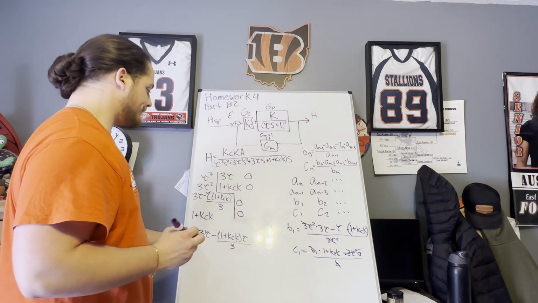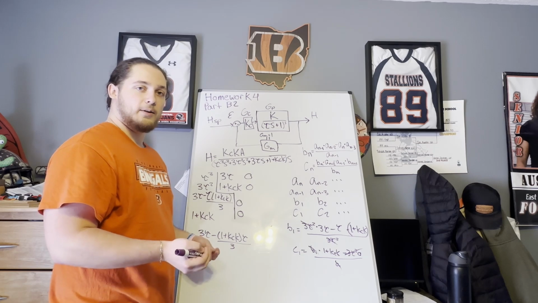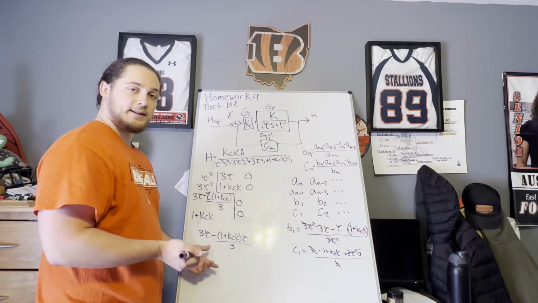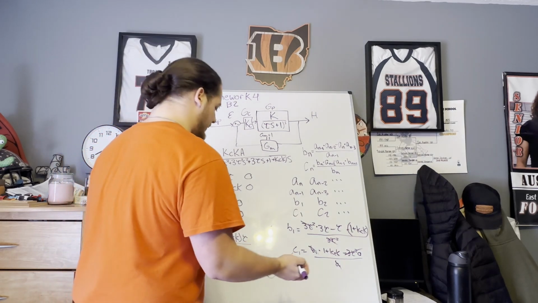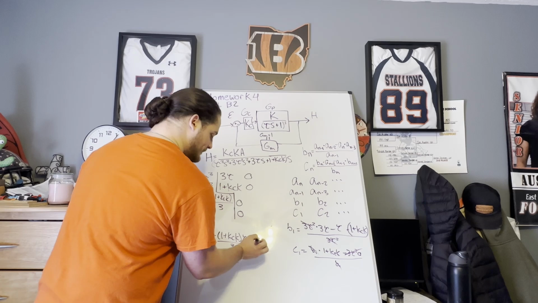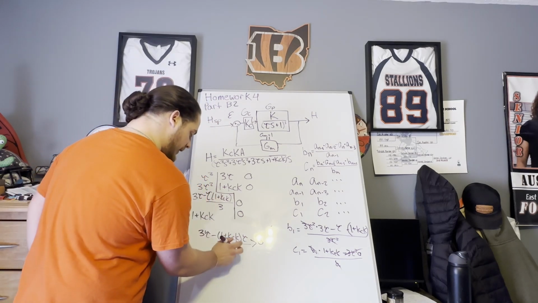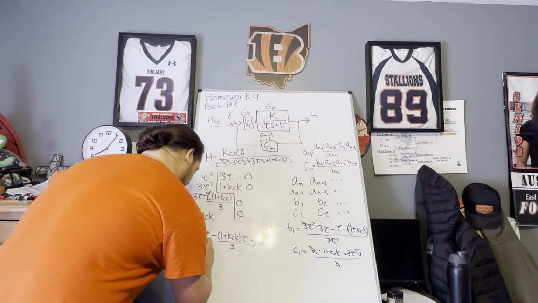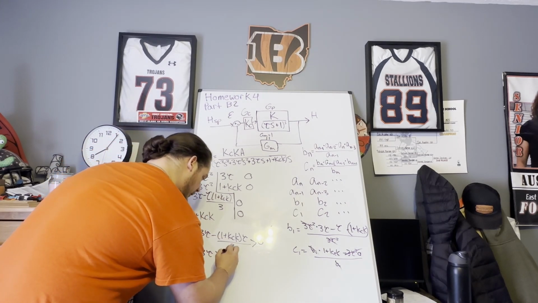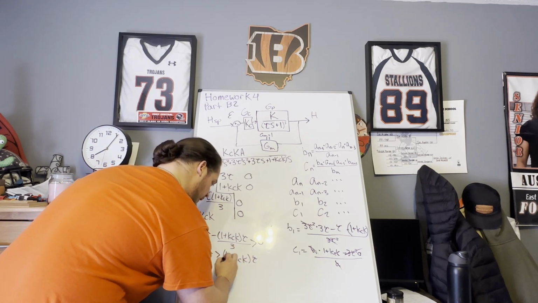We need to determine which scenario and which expression will yield the maximum value of the kc in this scenario. So we want to write that this must be greater than 0. In order to simplify this, we can move this over to the right side, which will give us 3 tau is going to be greater than 1 plus kck times tau over 3.